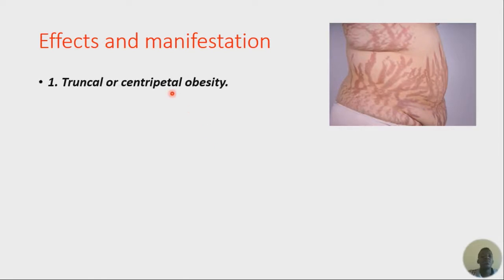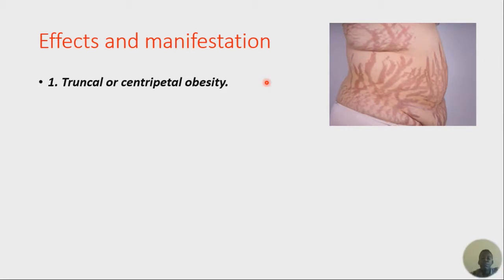The effects and manifestations of hypercortisol state. Look at this. Truncal or centripetal obesity, that is one. You have obesity, a lot of fat is deposited around the trunk. There is fat redistribution. Recall cortisol causes increased fatty acid mobilization, so they will be redistributed from storage areas of adipose tissue to around the trunk.